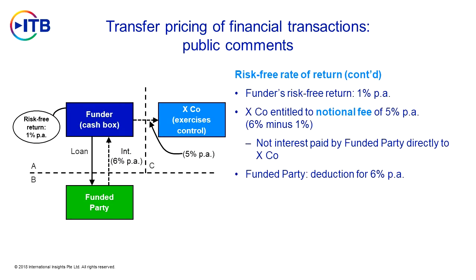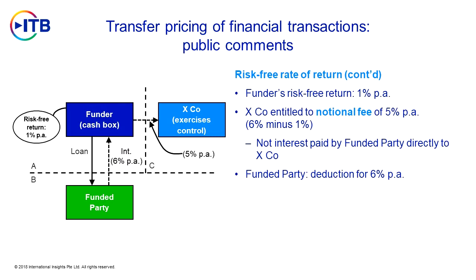Let's look at an example of how this should work. Funder has made a loan at an arm's length interest rate, let's say 6% per annum, to funded party. Funder is a cash box. It has no capability to make decisions to control the financing risk.